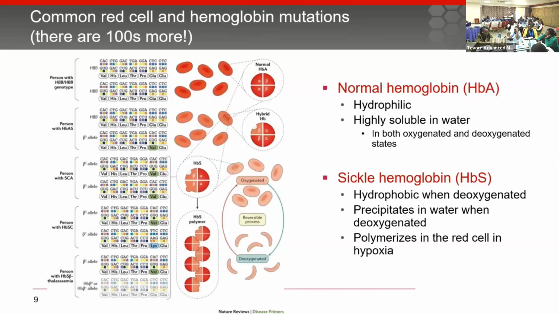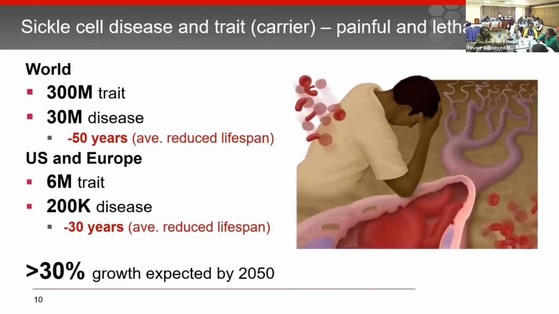This happens because the hemoglobin within the red blood cells tends to polymerize, and then they become very stiff, changing the red blood cells into the sickle shape, as shown here in our current slide. So worldwide, 300 million people are carriers, specifically in places like Uganda.